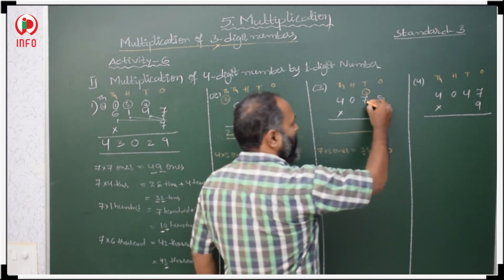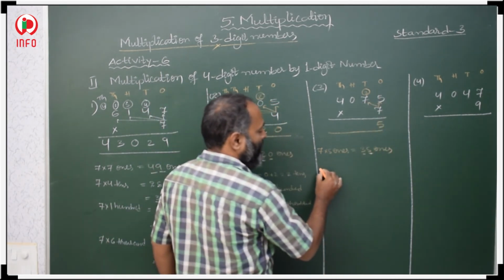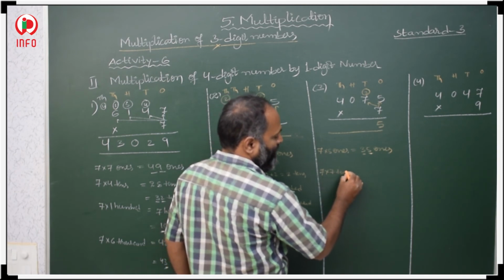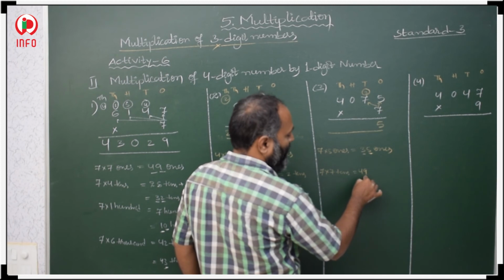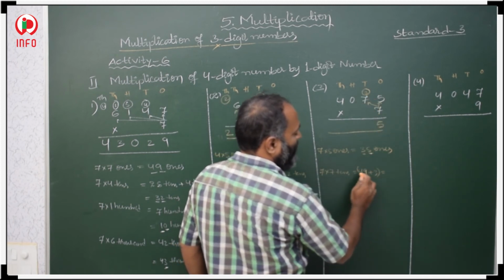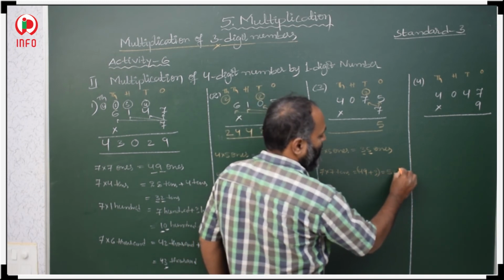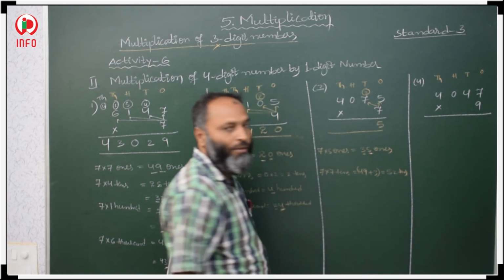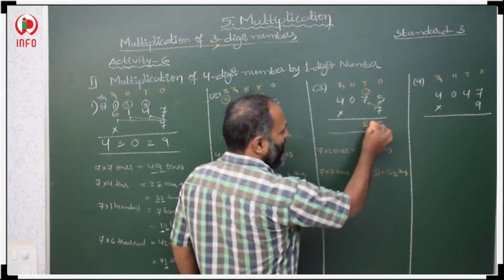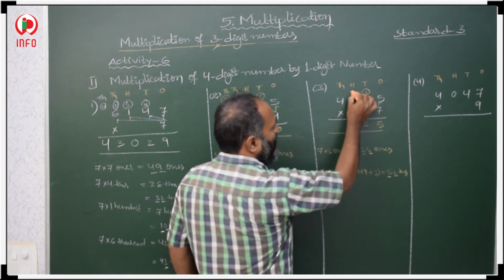Next 7 with 7 tens, 7 sevens are 49, 49 tens plus 3, 52 tens. 52 tens, so 2 in tens place, 5 in hundreds place.